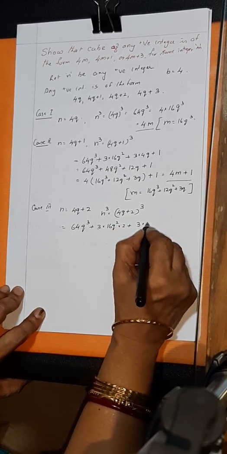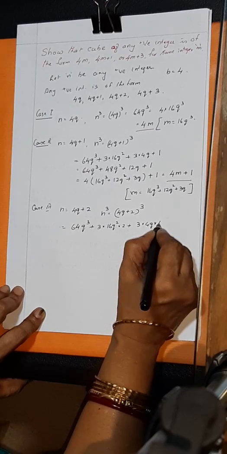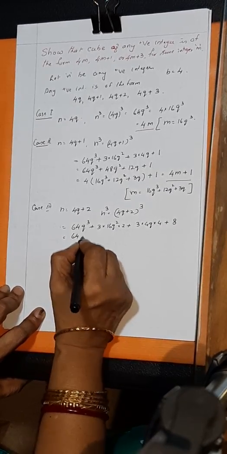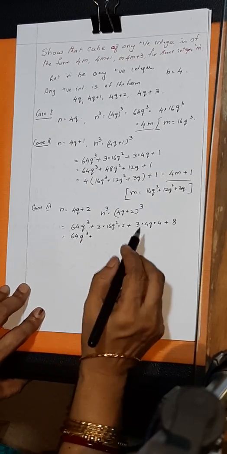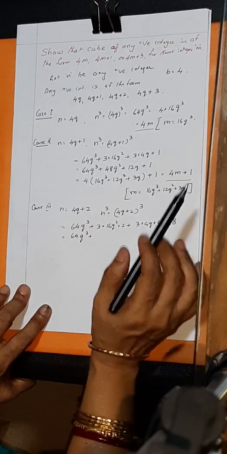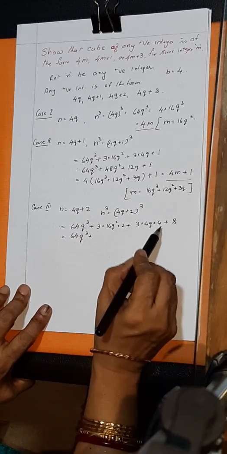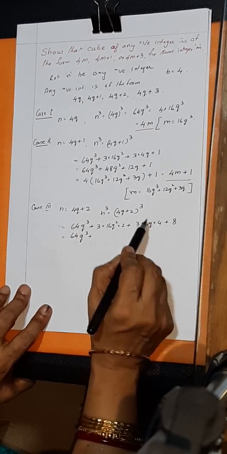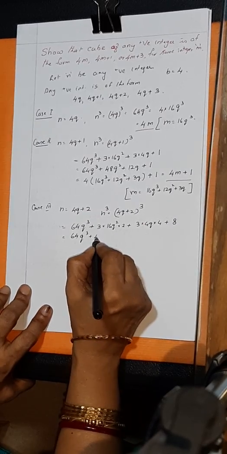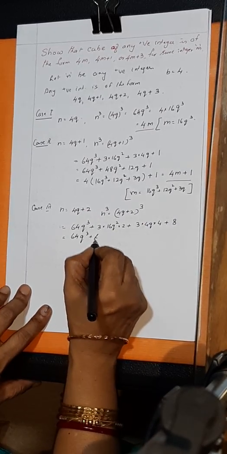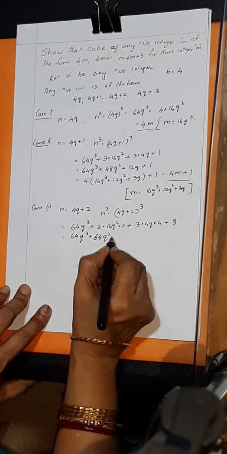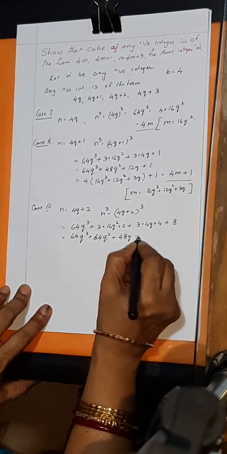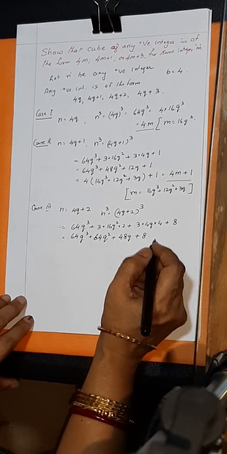So this is 64q cube plus 96q squared plus 48q plus 8.